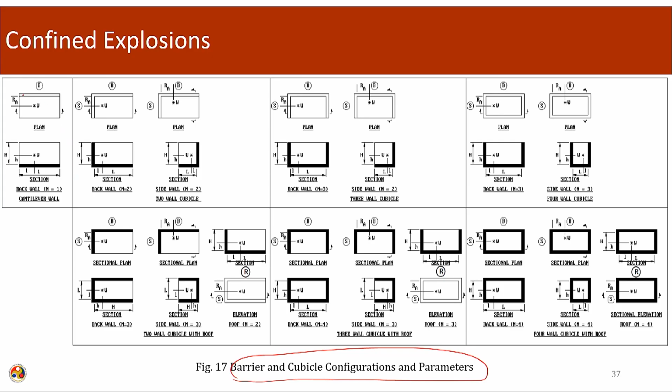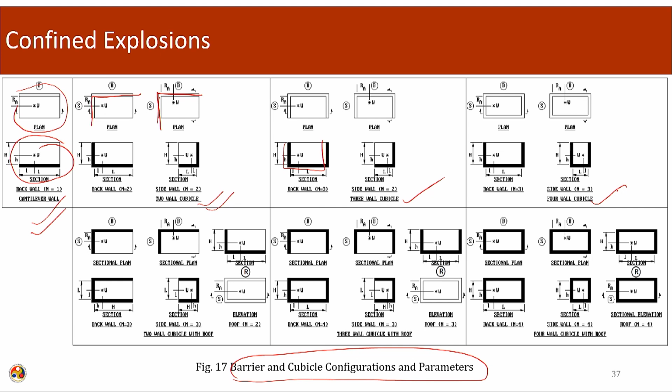So here, if we are looking at a plan, we are looking at a cantilever wall. Here we are looking at a 2-walled cubicle, here in plan. Again a 3-walled cubicle, and a 4-wall cubicle.